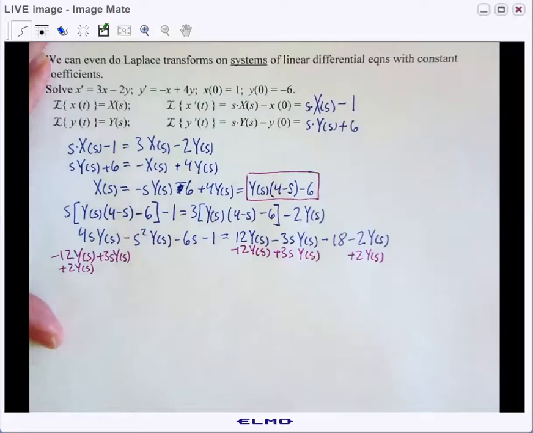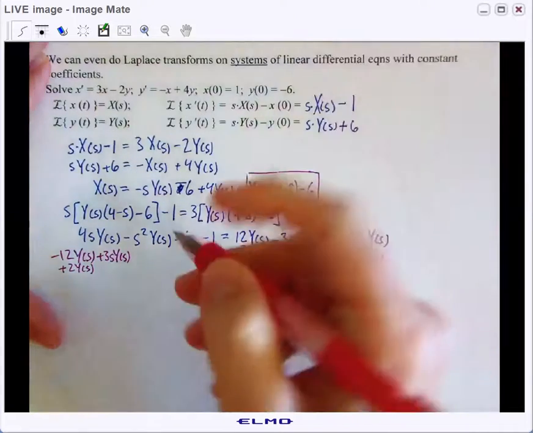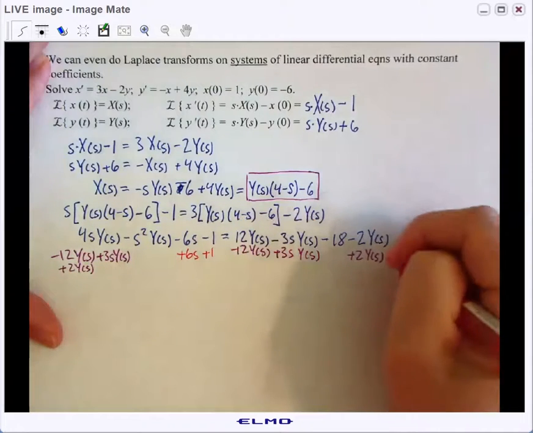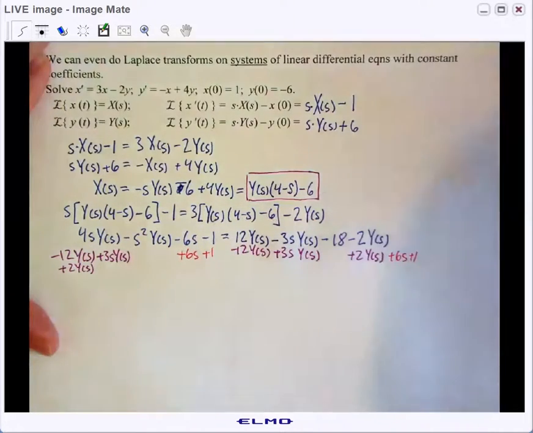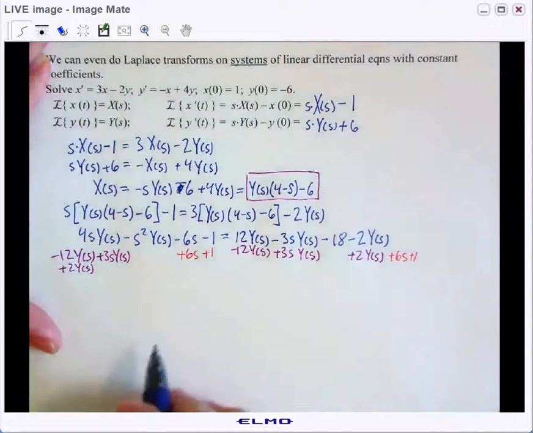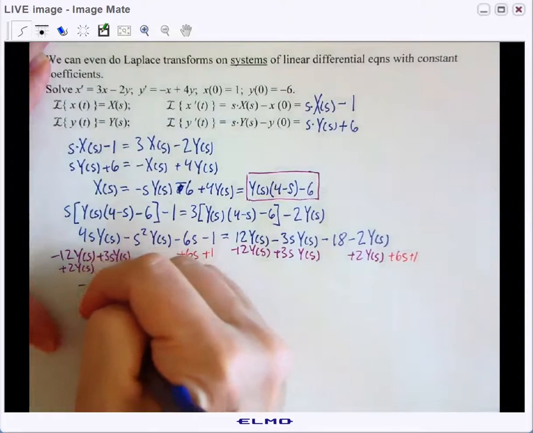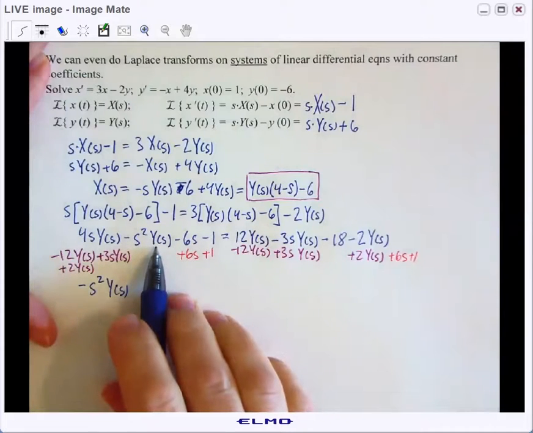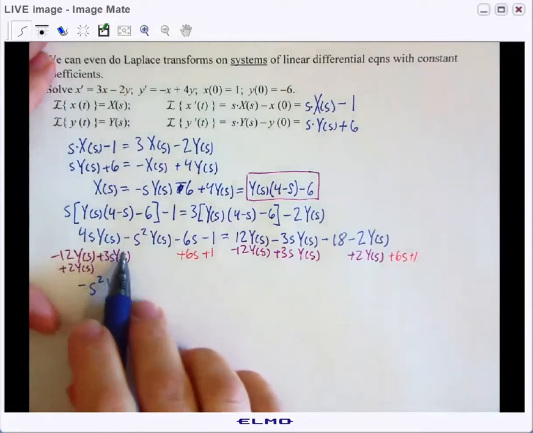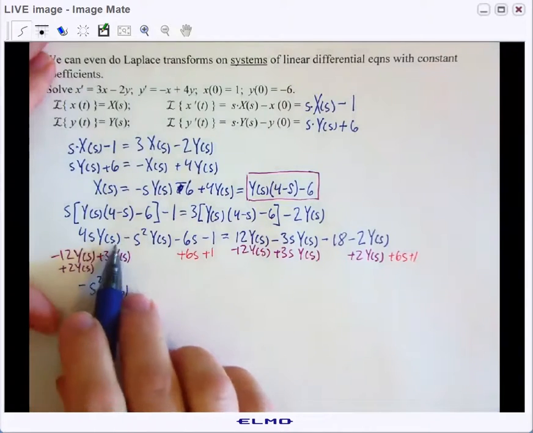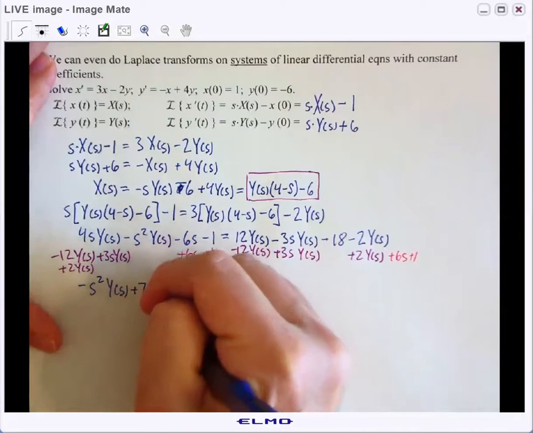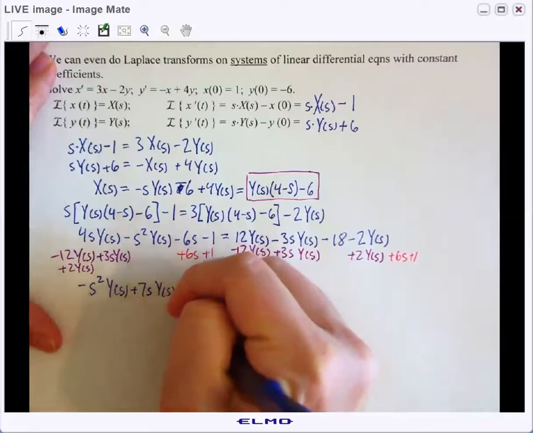And while we're still here, let's see if we can do this all at once. Plus 6s plus 1. So let's see what happens when all the dust settles. We'll have a negative s squared Y of s. With the s Y of s terms, we'll have 4s Y of s plus 3s Y of s, so that's plus 7s Y of s.